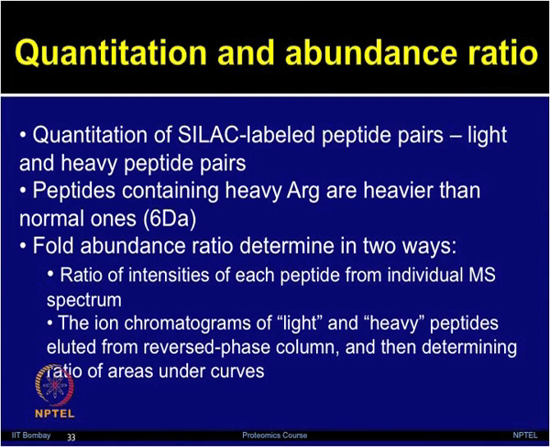Here two ways are suggested to calculate the ratio of the intensities of each peptide from individual MS spectrum, or the ion chromatograms of light and heavy peptides eluted from the reverse phase columns, and then it can be used to determine the ratio of areas under curves.